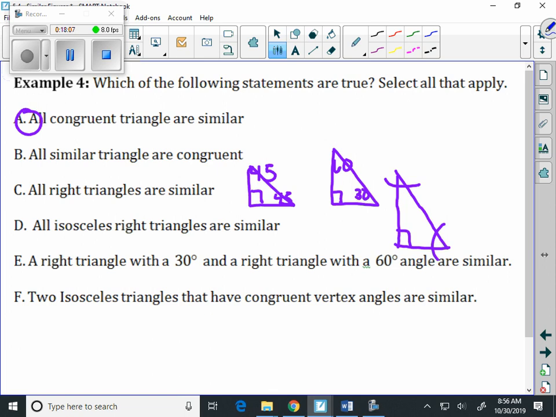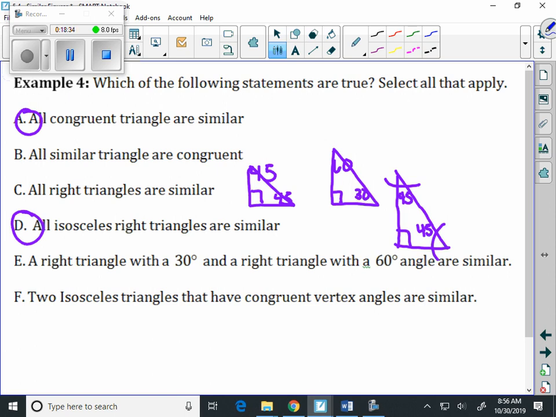And if it's an isosceles right, those 2 angles have to be the same, which would mean that we have 45 degrees in each of these. So do I think that these are similar? Yes. That's the only way I can draw that. 3 congruent angles.